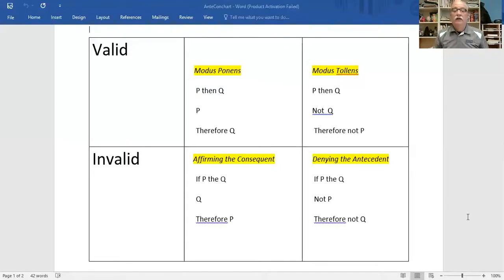The second invalid relationship of if and then is denying the antecedent. If I study, I will get good grades, but I didn't study. Therefore, not Q. This is kind of the opposite side of affirming the consequent. Just because I don't study doesn't mean I will necessarily not get good grades.